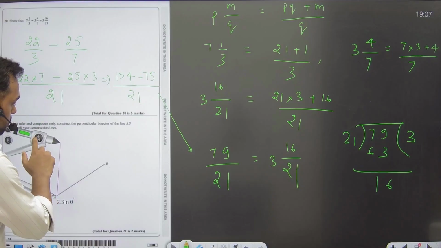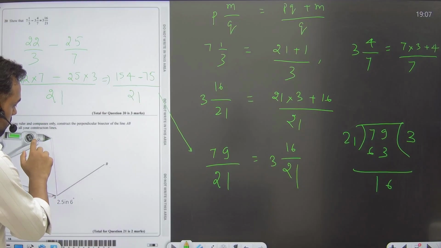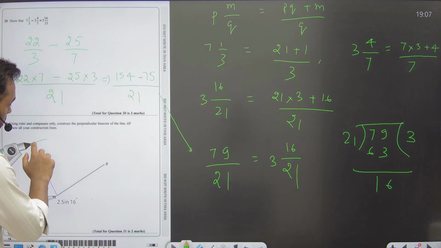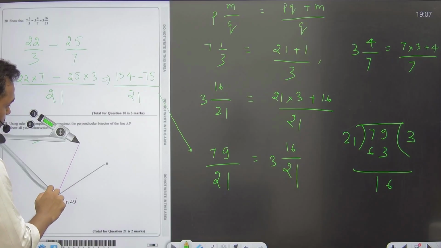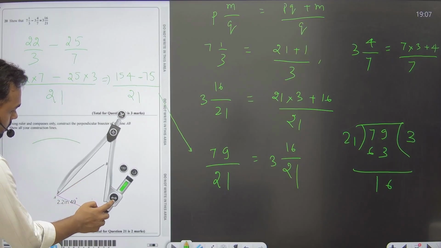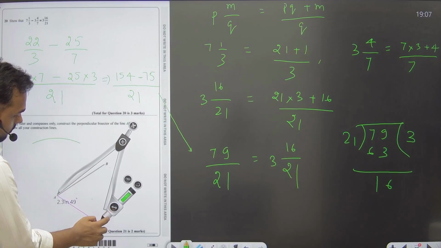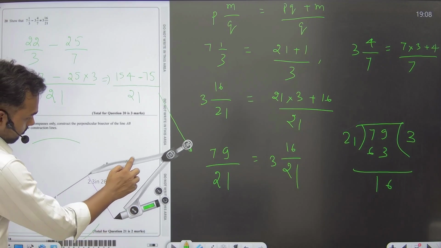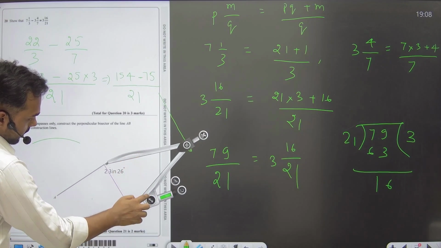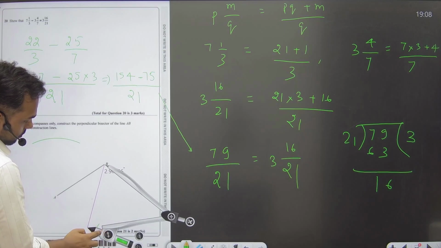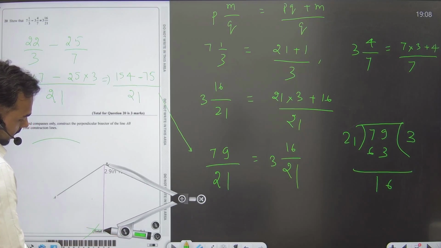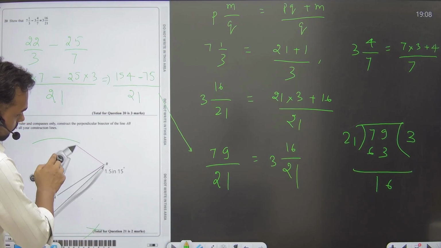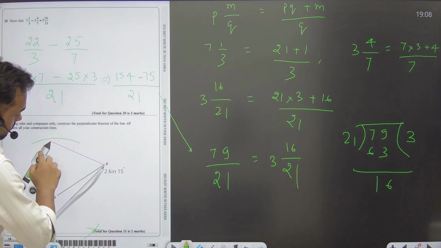Then we need to put an arc here like this, and by the same distance we'll put the arc downside. Now taking B as a center, student, again we need to repeat this process. So let's do it here, and the same here as well.